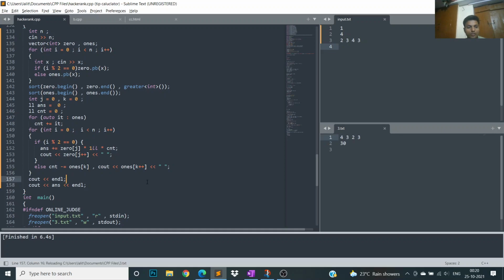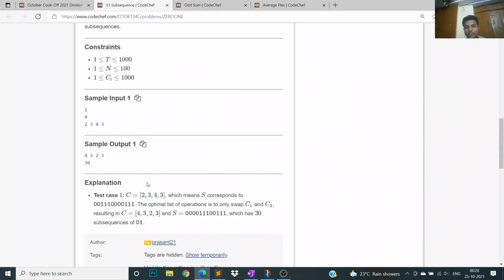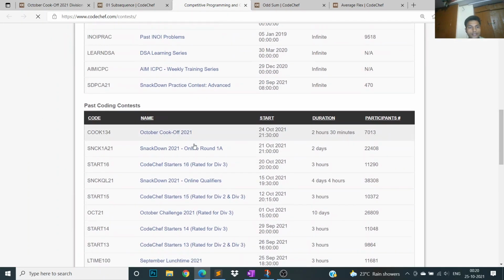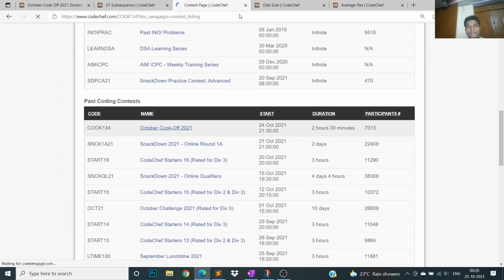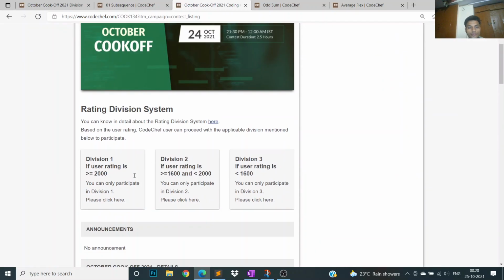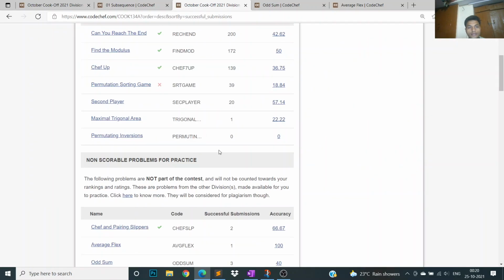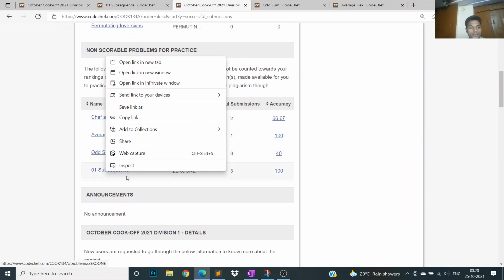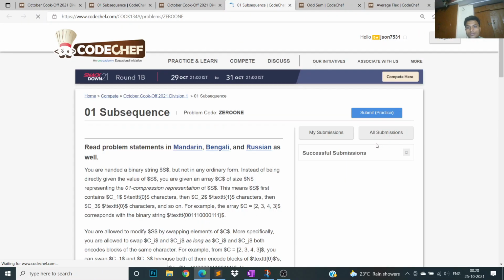And that's it. I'm not able to submit it, but I think this is the correct answer. Okay, so the 0 1 subsequence problem.